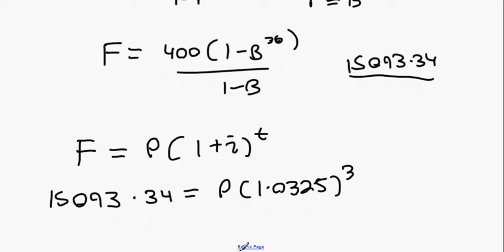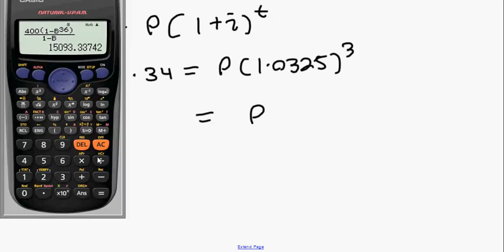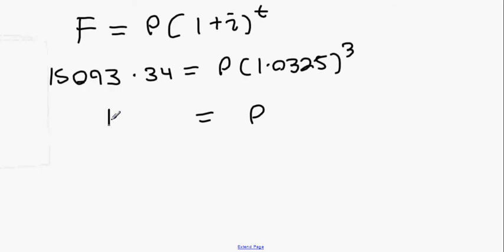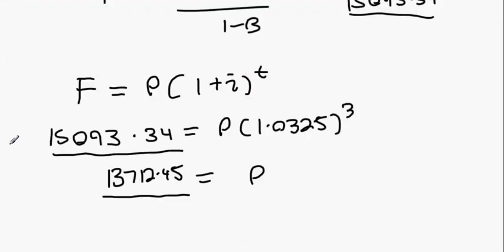If I divide this number by 1.0325 to the power of 3, what we can find out is what lump sum of money you can invest today, which is going to be 13,712.45. So 13,712.45 is something that you can invest all in one lump sum, and in 3 years' time it will be worth the same amount as investing 400 at the end of every month.